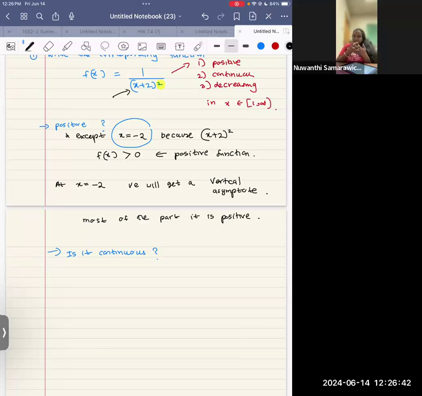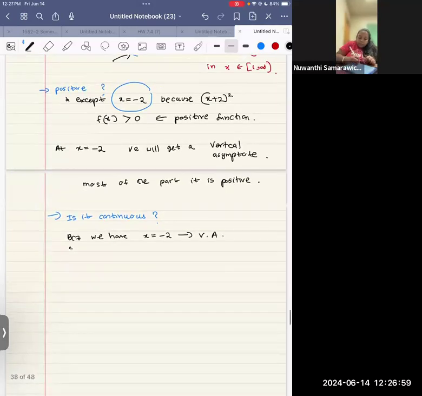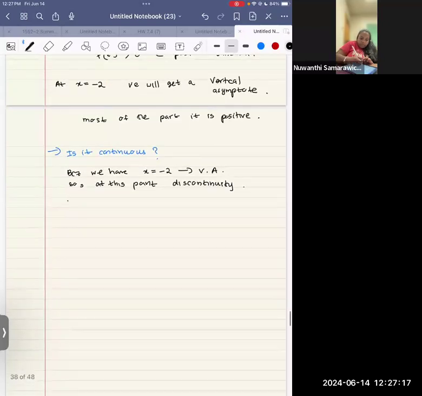So if we consider the whole function, this is not continuous because at x equal to -2 we have a vertical asymptote. At this point we have a discontinuity. So it's not continuous everywhere.